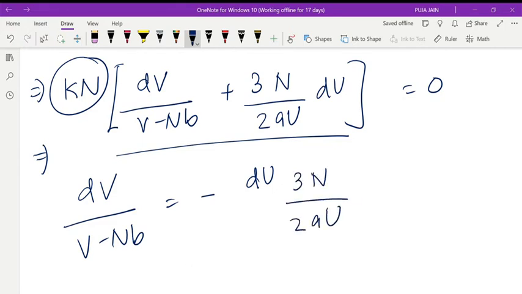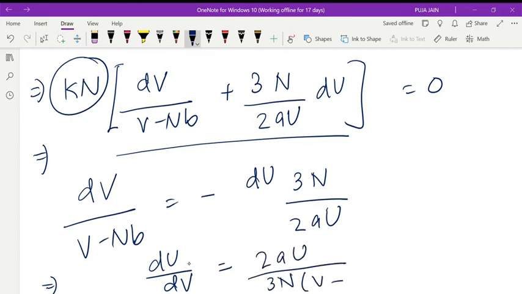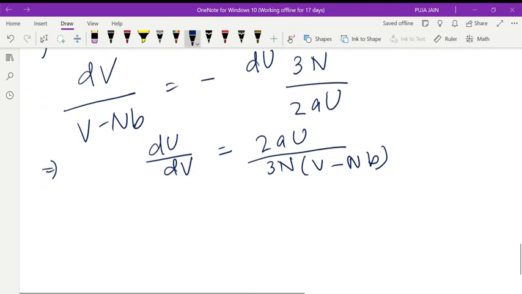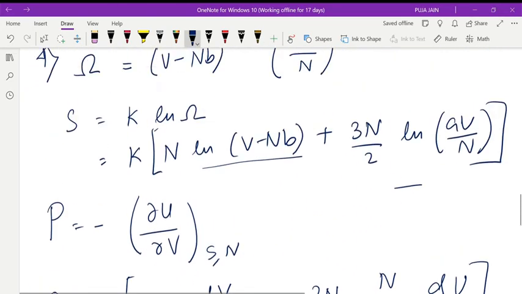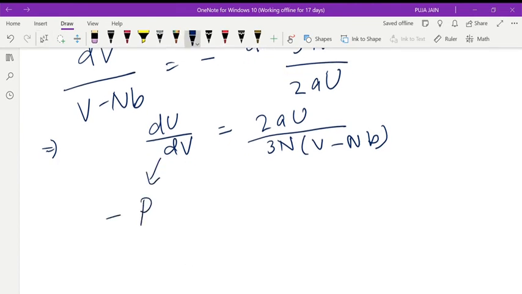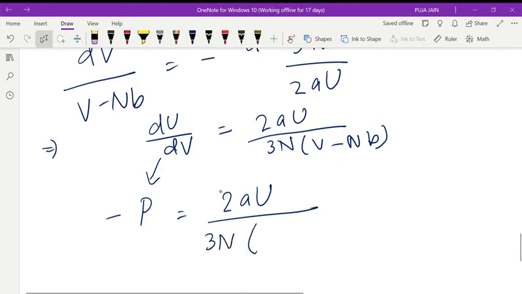So now dU by dV is equal to 2aU by 3N(V minus nb), right? 2aU by 3N(V minus nb). And this is equal to P, since P is equal to minus del U del V. So minus of P is equal to 2aU by 3N(V minus nb).